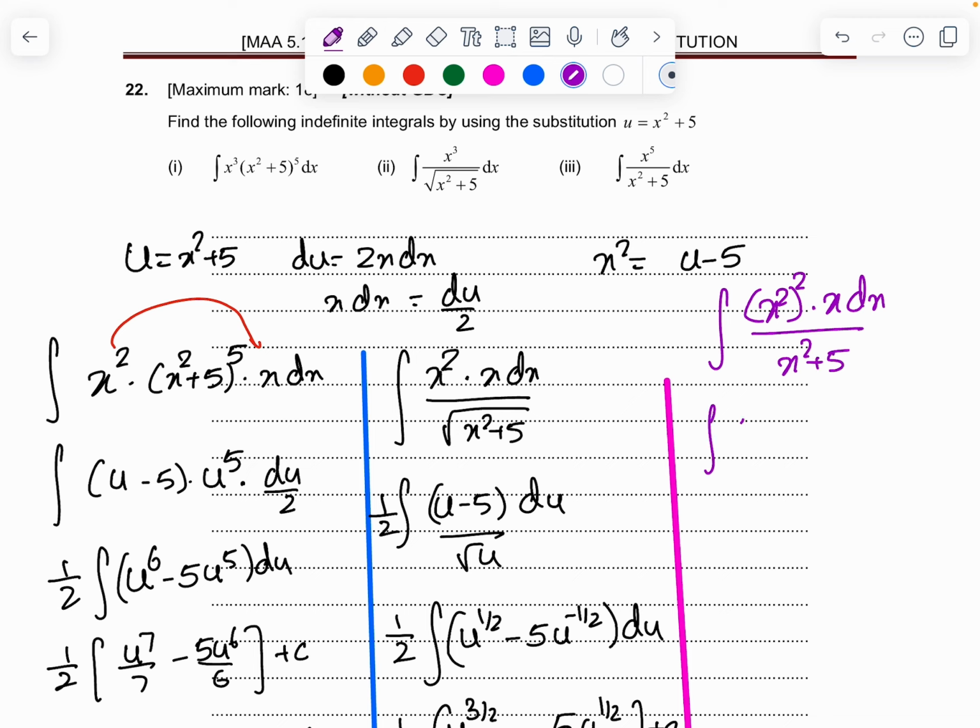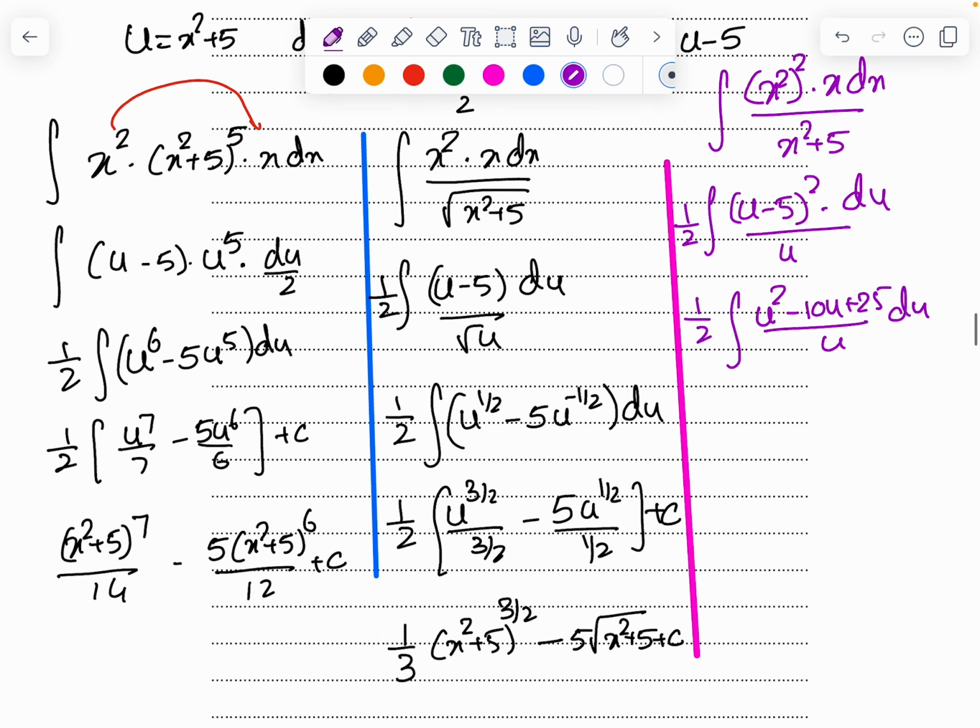X square is nothing but u minus 5 whole square. X dx is du by 2 divided by u. So it becomes 1 upon 2 u square minus 10u plus 25 divided by u du. So it becomes 1 upon 2 u minus 10 plus 25 upon u du.